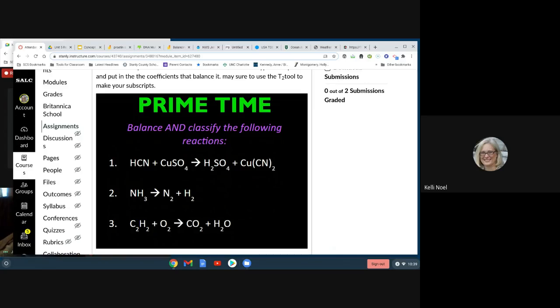To make my H's 6 on the other side, I have to put a 3 in front of the H2. So you're going to write for this one 2, comma, 1, comma, 3. And then notice I have one thing and it's breaking down into 2. That's decomposition. So you're going to also add for number 2, decomposition, if I will spell it right.